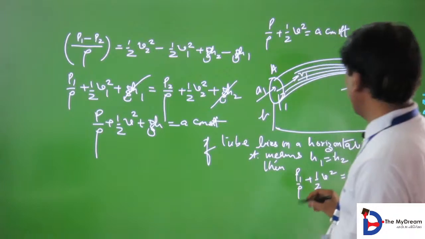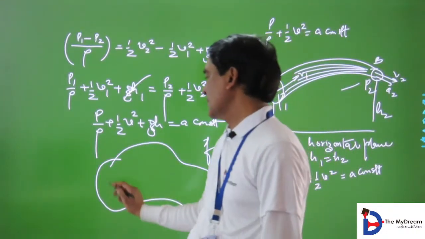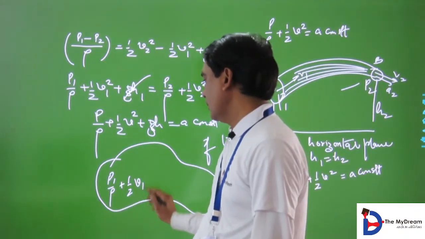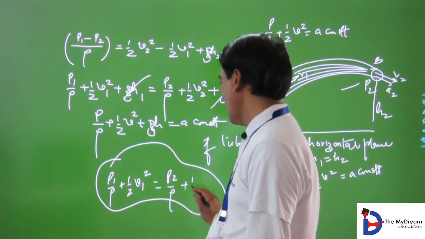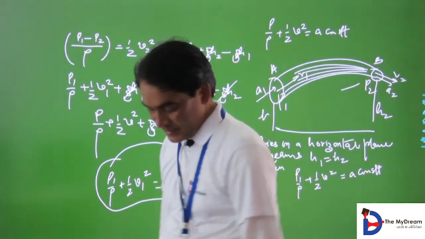Or you can say P1 by rho plus half V1 square is equal to P2 by rho plus half V2 square.